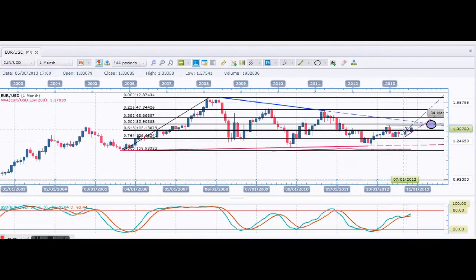And I'll talk about my projection in a second, but just also, as I mentioned earlier, the current price is really where we were in 2004. So we've gone through this cycle, a 1, a 2, a 3, and back to where we were in 2004. So what happened in 2004? We had 5 consecutive months of ascent.